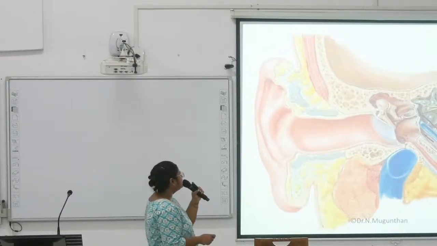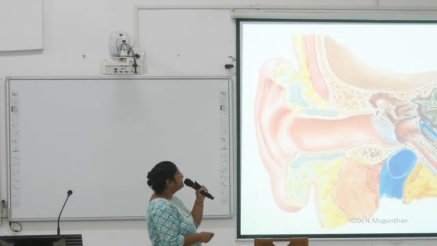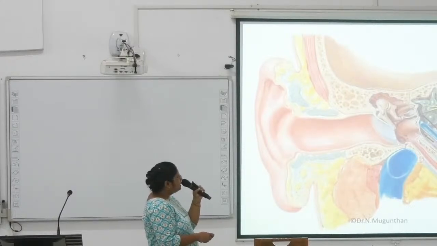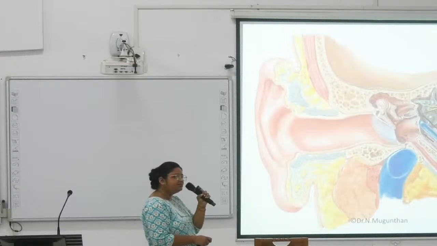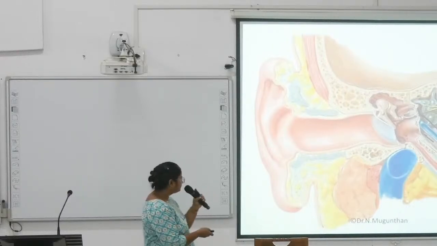Via the footplate of the stapes and round window, this middle ear is connected with the internal ear. Here is the vestibule and this is the cochlea, and these are connected to the eighth cranial nerve. From there, the signals go through the eighth cranial nerve.